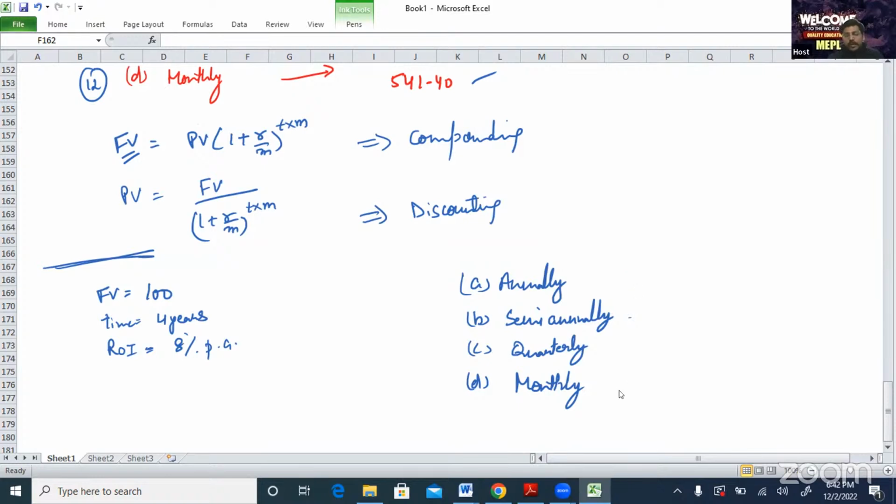And then we will do the analysis: as compounding becomes higher, will the present value be lower or higher? That is something which we will see. So again, I am giving 2 to 3 minutes to everyone. Please, everyone, try it.